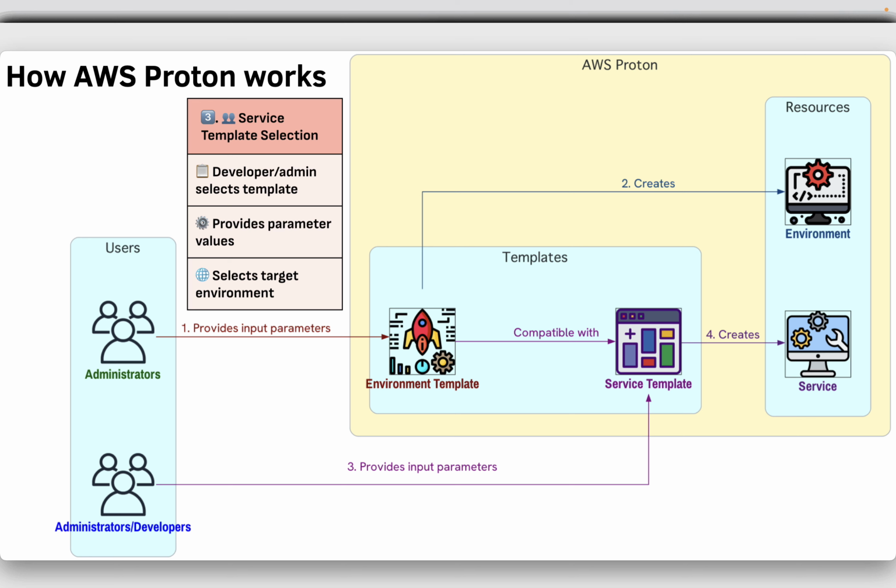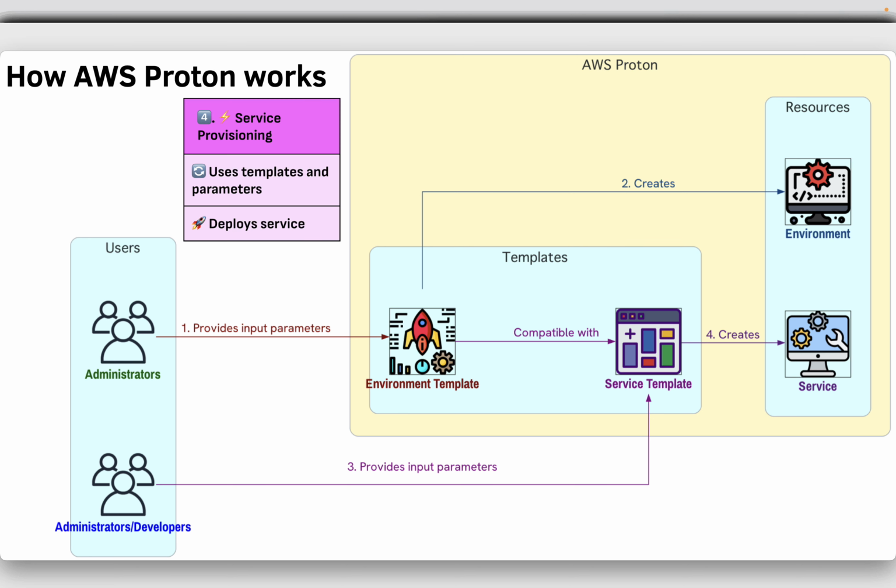When you as a developer or administrator select a service template with AWS Proton, you provide values for the required input parameters. You also select an environment to deploy your application or service to. AWS Proton uses the service template and both your service and selected environment parameter values to provision your service.